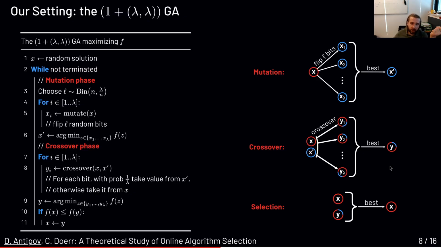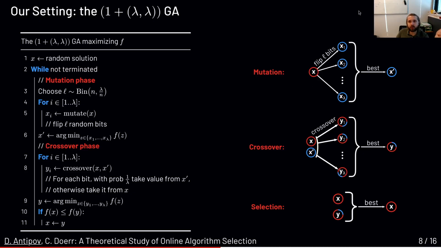The (1+(λ,λ)) GA is a theory-driven algorithm which is more complicated than this, and it also stores only one individual, but its iterations consist of several phases. First, in the mutation phase, it chooses some number ℓ from the binomial distribution with parameters n and λ/n. So it flips λ bits on average. Because ℓ is the number of bits which we flip in each offspring in this stage.